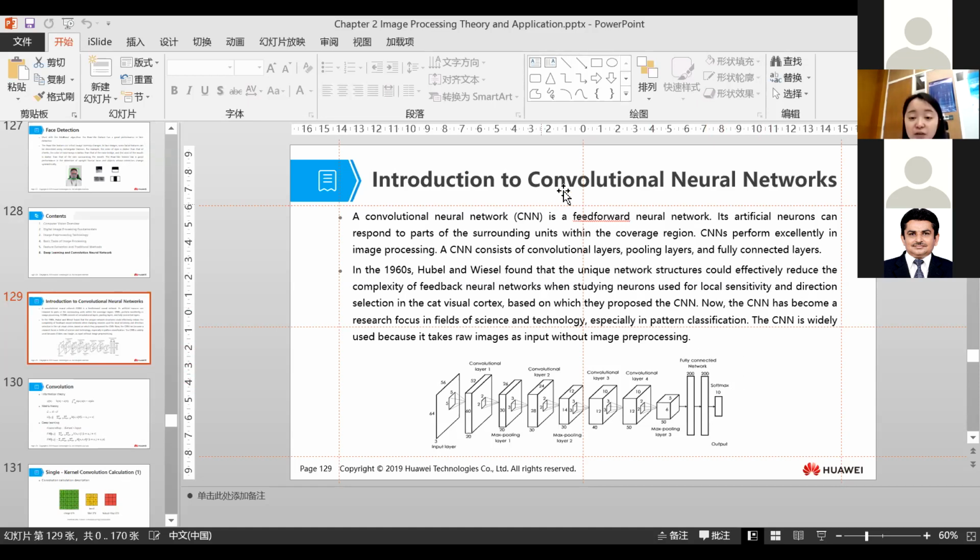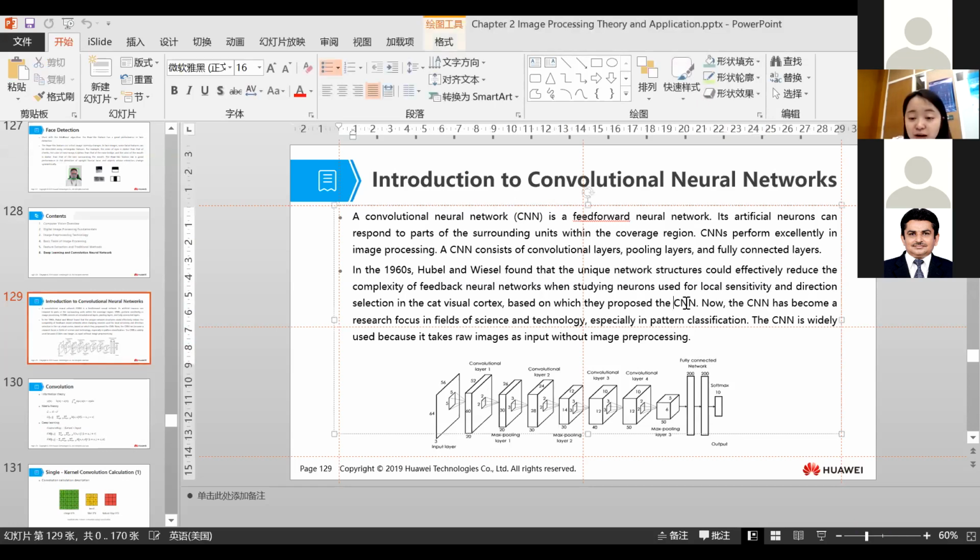The convolutional layer is mostly used in computer vision. Convolutional neural networks have achieved excellent performance especially in image processing, because they can extract information from the image automatically.